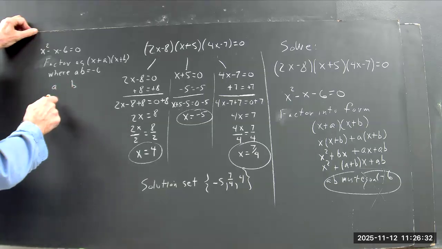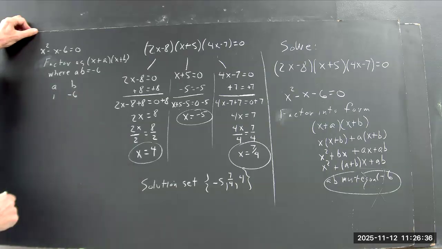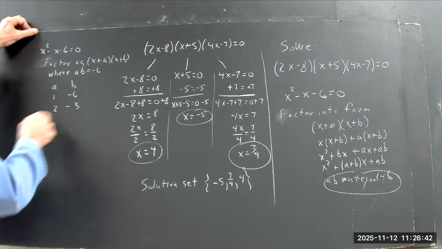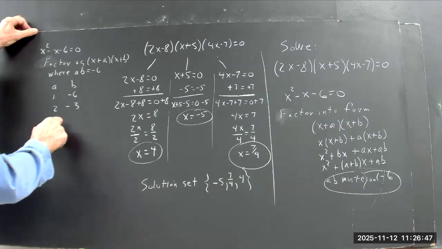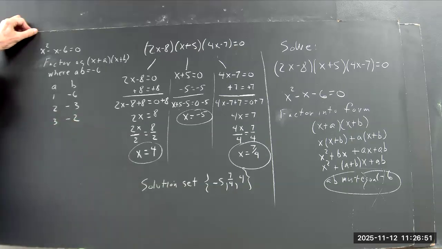Okay, a could be 1, b could be -6. A could be 2, in which case b would be negative 3. Or a could be 3, in which case b would be negative 2.